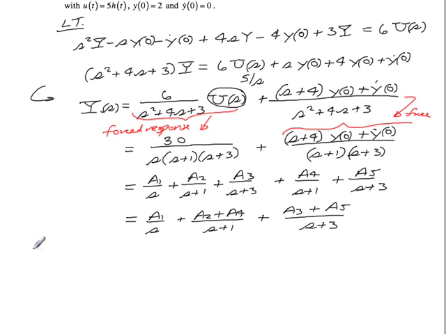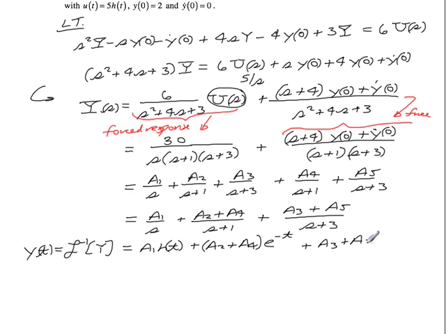So in the end, when I take the inverse Laplace of Y, I get a1 h of t plus a2 plus a4 all times e to the minus t, plus a3 plus a5 times e to the minus 3t.